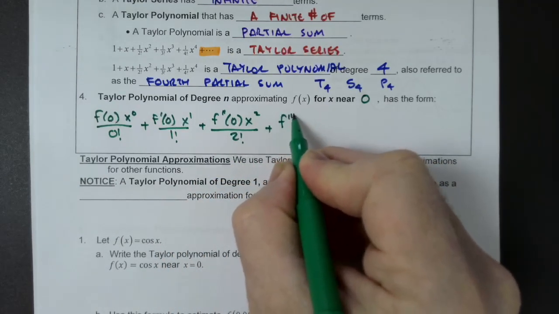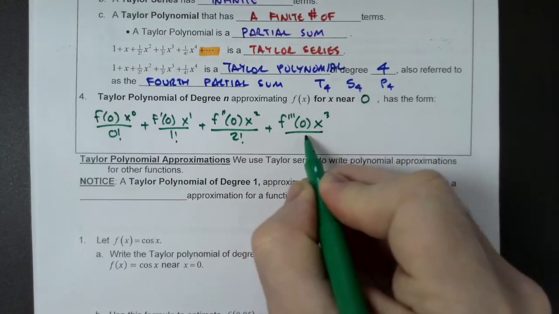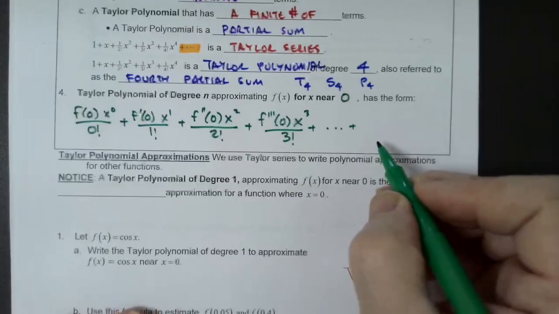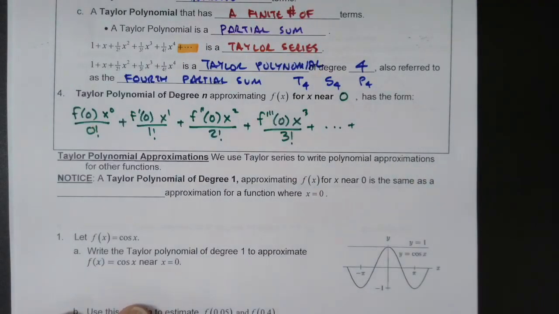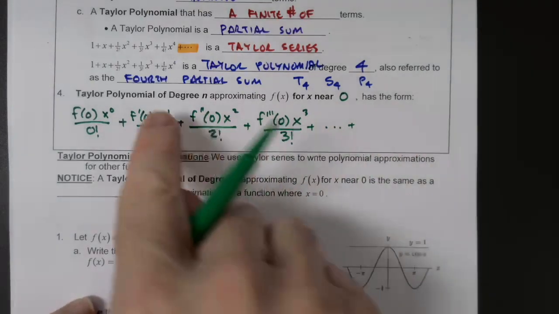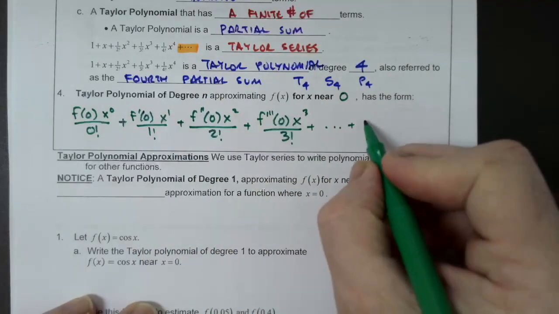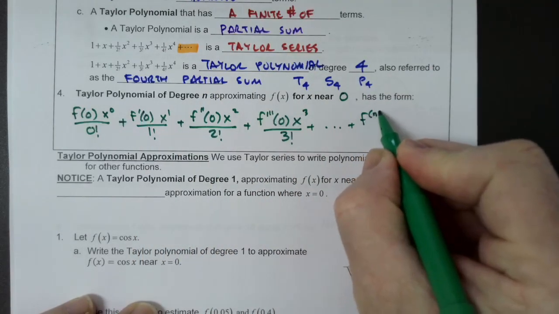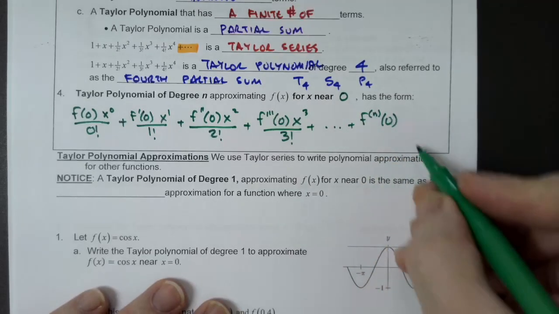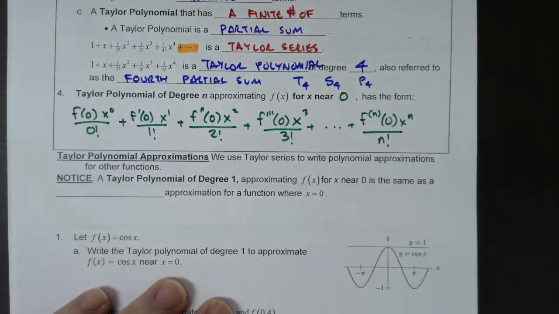Next one will be our third derivative at 0, x cubed divided by 3 factorial. Which again, for a Taylor polynomial, okay, Taylor series, or Taylor polynomial of degree n, this then would be f, and then in parentheses n, to show that that is a derivative, x to the n all divided by n factorial.